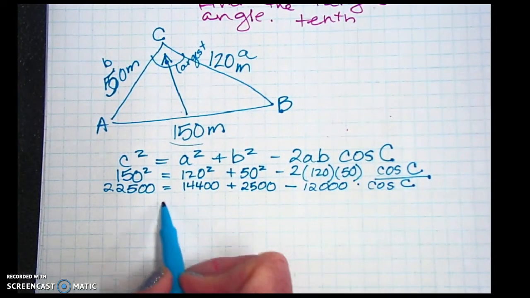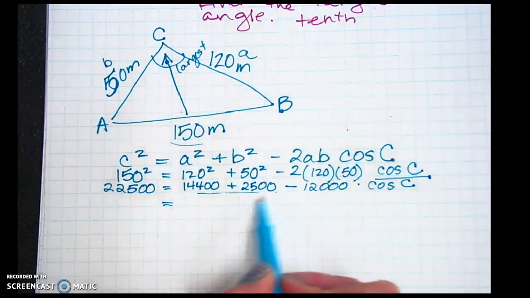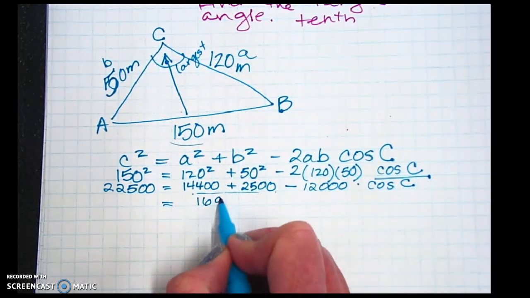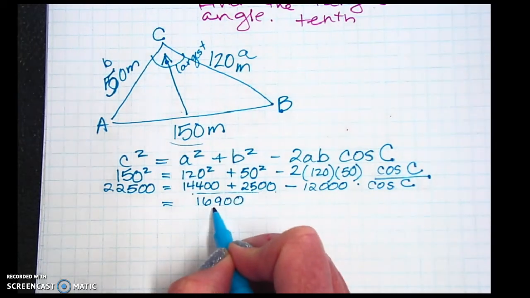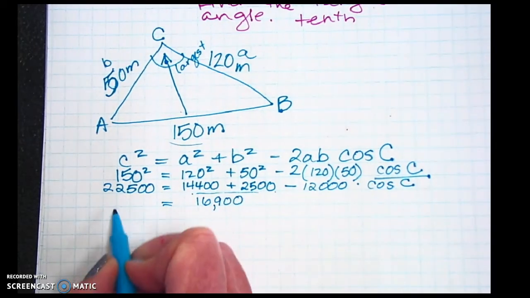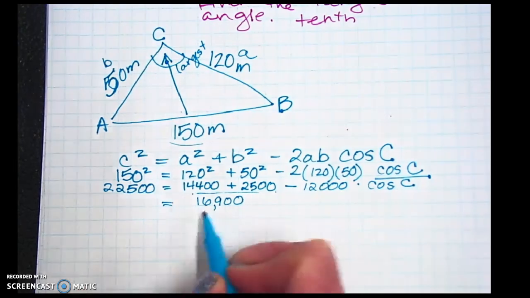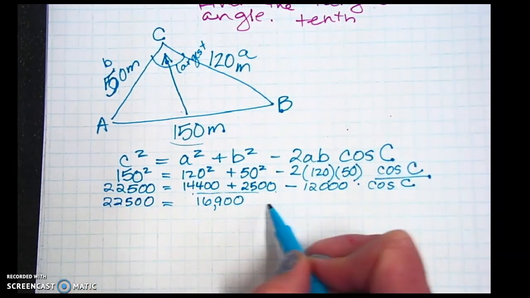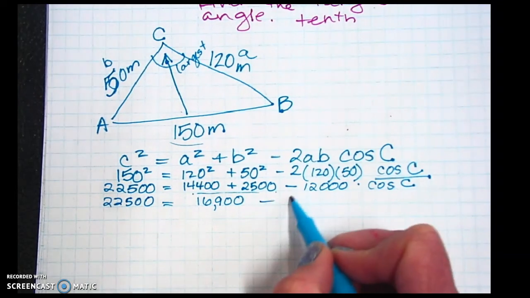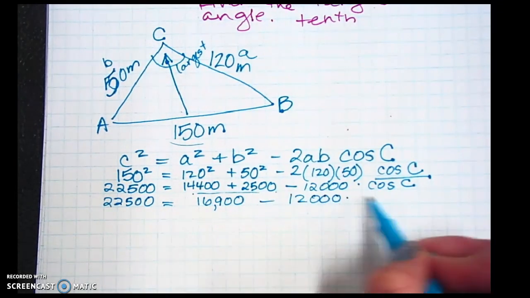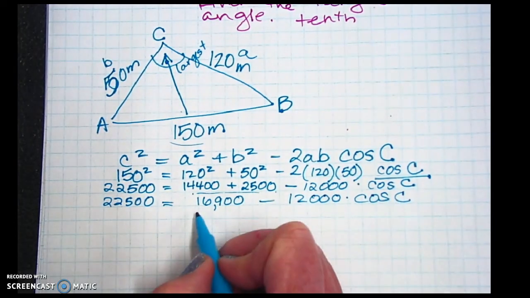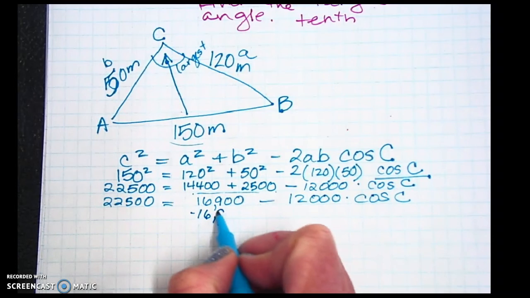Okay, so I can actually combine these two, right? 144,000 and 2,500 is 16,900. Let me write one more step first. So I'm going to subtract that 16,900 from both sides.